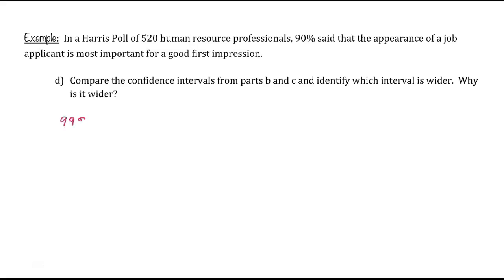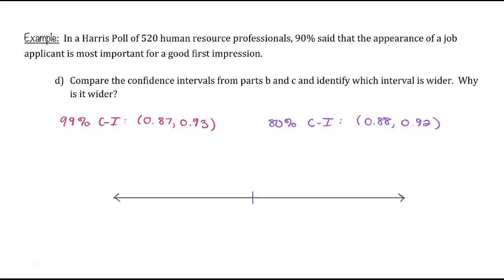Our 99% confidence interval was 0.87 to 0.93. Our 80% confidence interval was 0.88 to 0.92. Let's draw these on a quick number line to help us compare. Our sample proportion, p hat, is 90%, or 0.90, and our 99% confidence interval goes from 0.87 to 0.93.